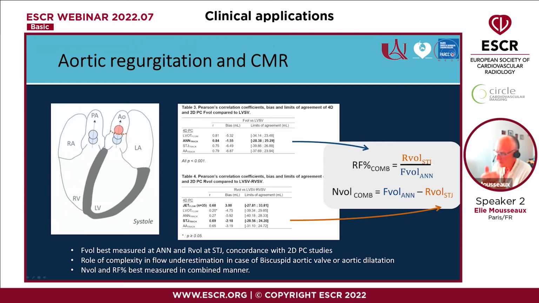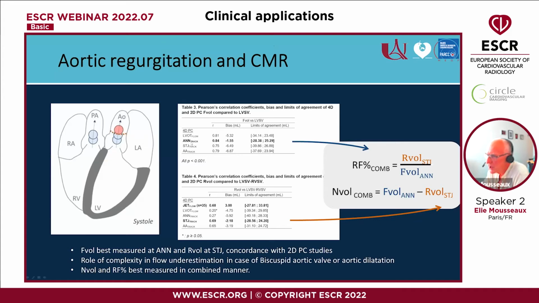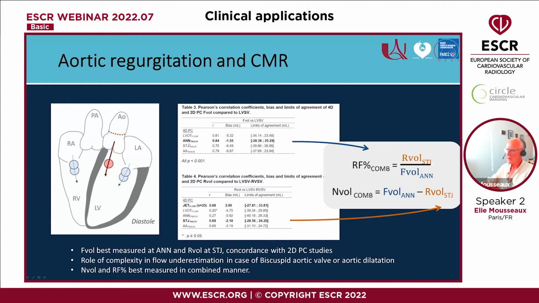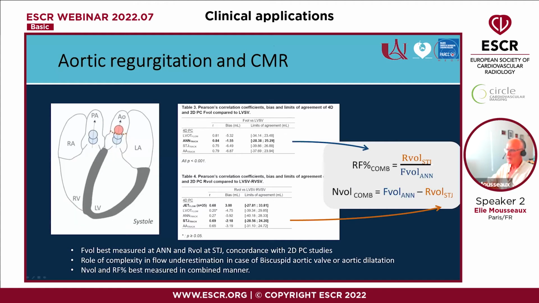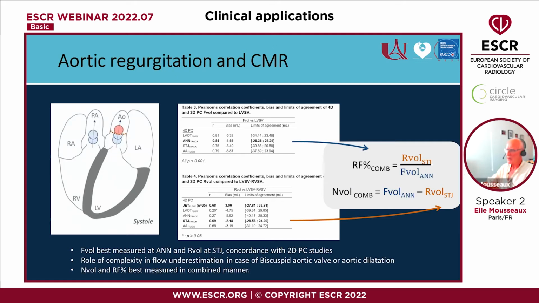By comparing the different results of the forward flow at different locations, we have observed that the measurement done at the annulus level is much better compared to the flow at the upper part of the ascending aorta, because in case of dilatation or in case of bicuspid aortic valve, you have vorticity and so on.